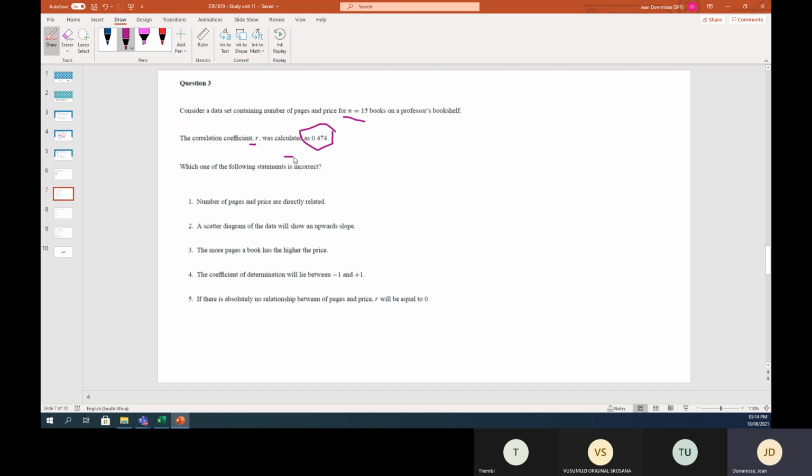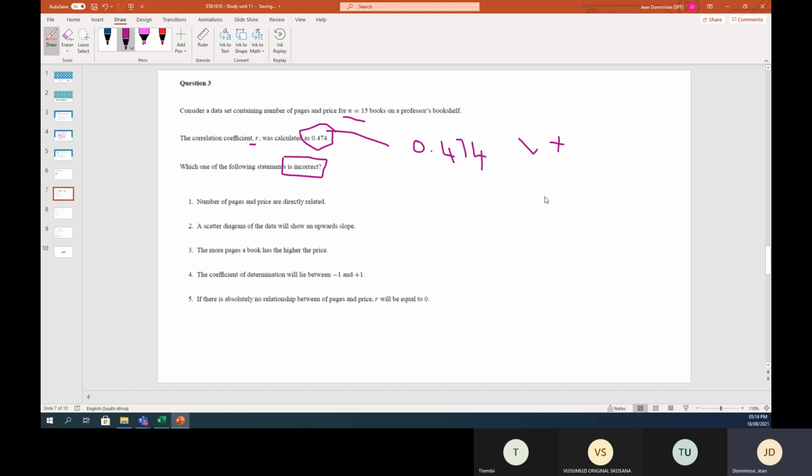So now we're looking for the incorrect one. When we see 0.474, one thing we know about that is that it is a positive correlation.